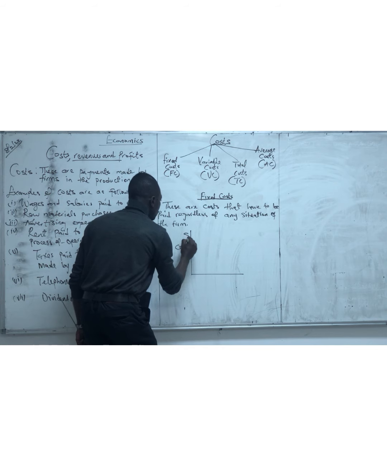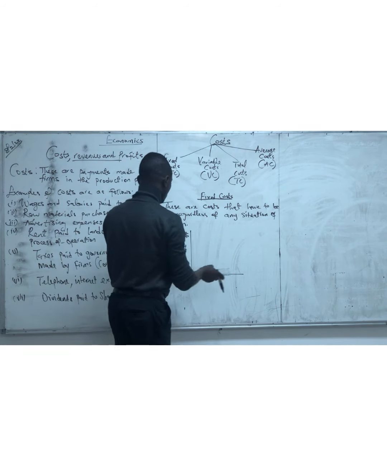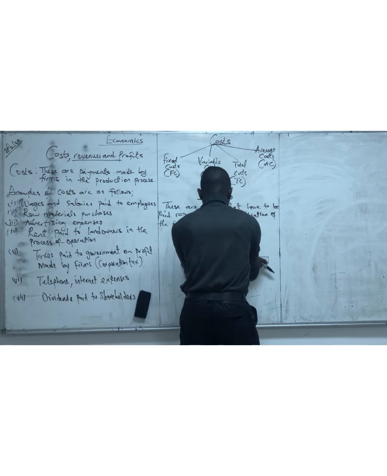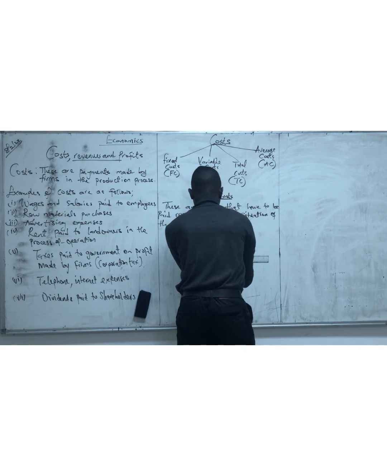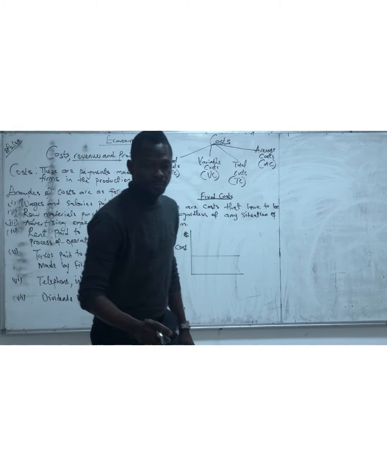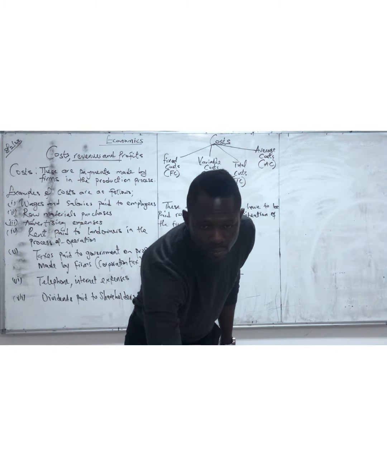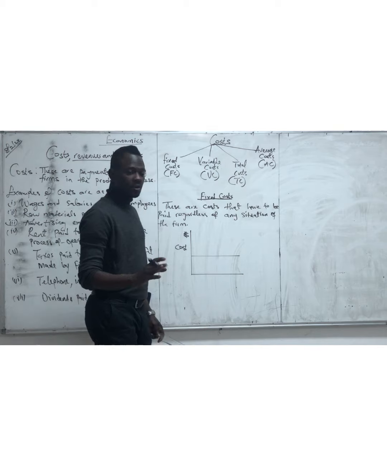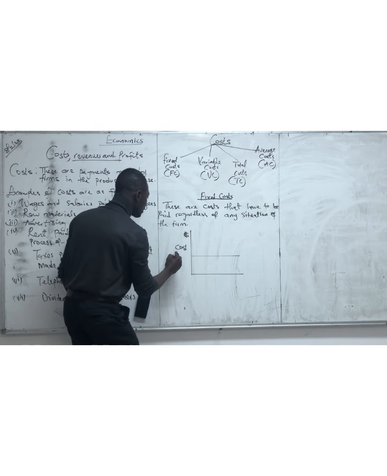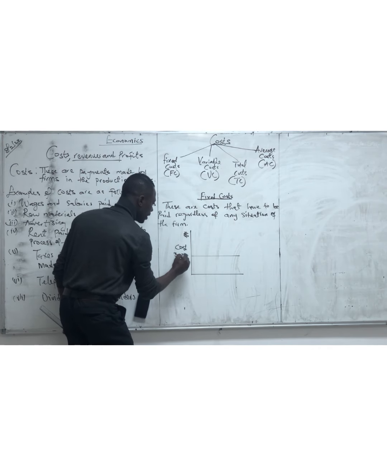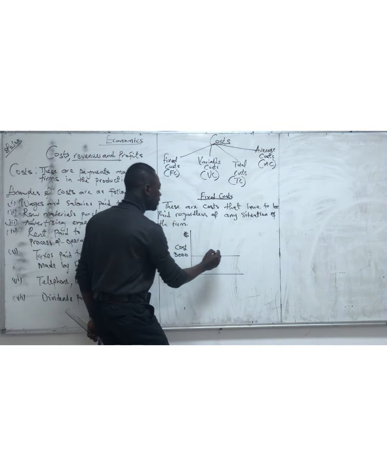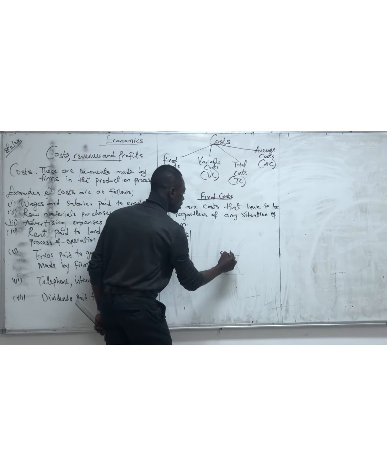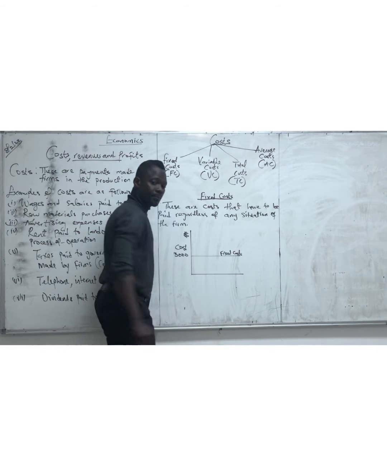This is cost in dollars. So if the cost, for example, is $3,000, it has to be paid, so it is fixed cost. Is it clear?